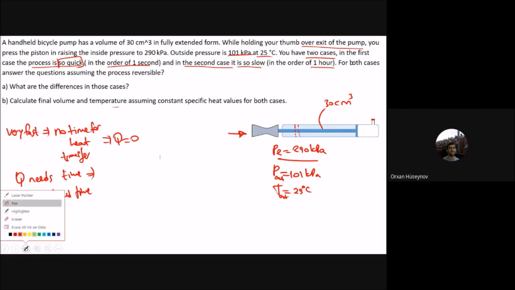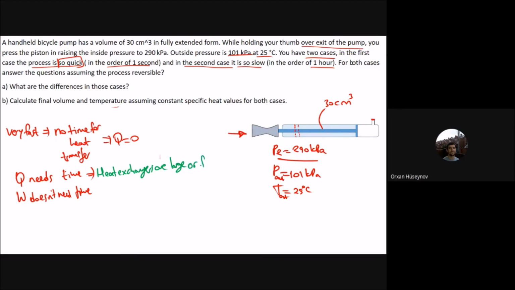Therefore, that is the reason heat exchangers are large. That is the reason we have large heat exchangers, or we have the fins, because the heat transfer needs time.